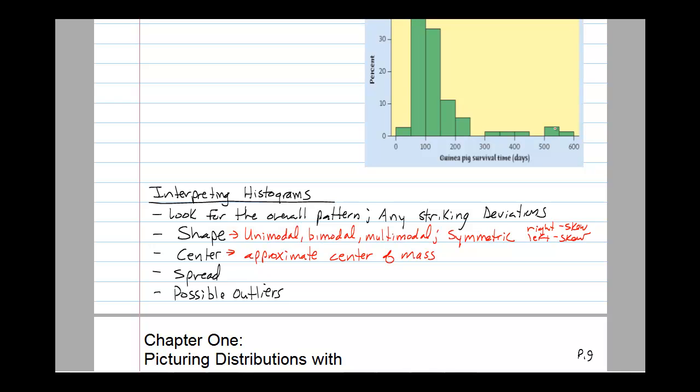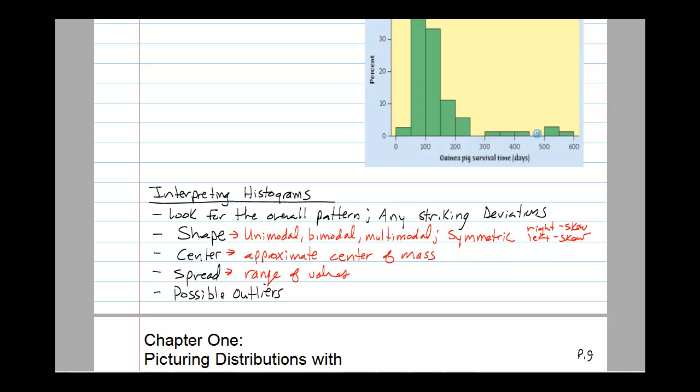Now when we talk about the spread, we are talking about the range of values taken on by the variable. So for here it looks like we go from about 0 to 600, and we know that it actually starts in the 40s, but this histogram doesn't show that, because with a histogram you lose the original data.